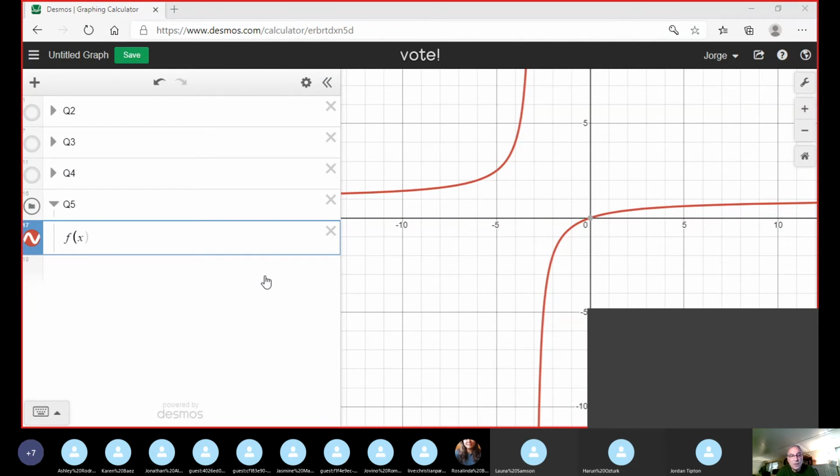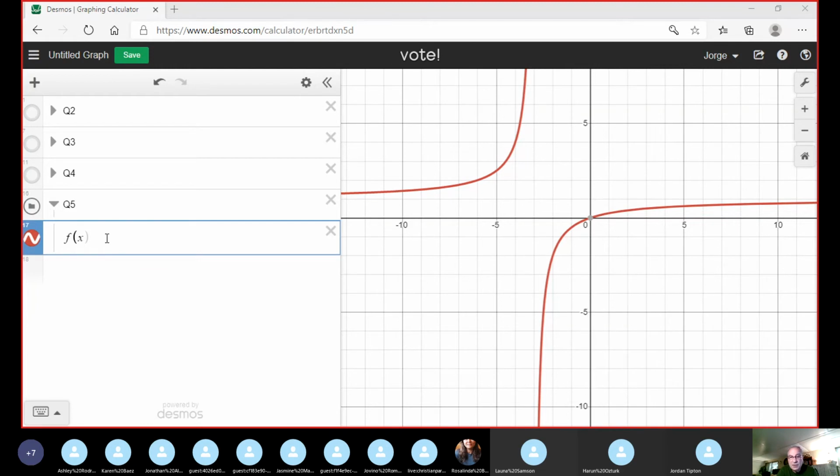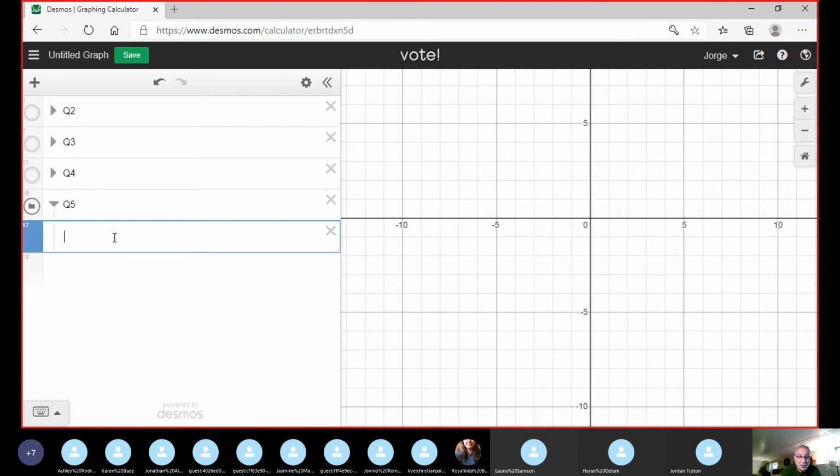Super. Andreina, look, I made a mistake. I put f of x and immediately, without putting anything, it graphed it. The reason is because in question 2 and question 3, I called it f of x. So let me change the name. I put p of x. P, or M, or N, whatever letter you prefer. P. I don't know why I like P.